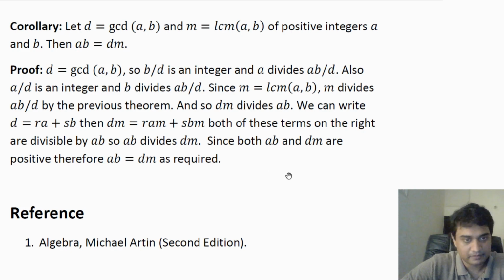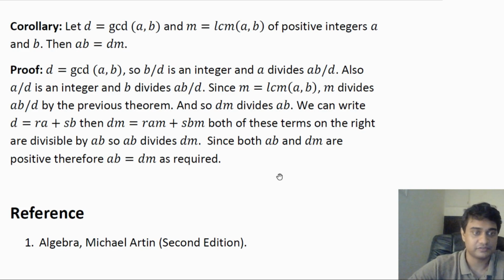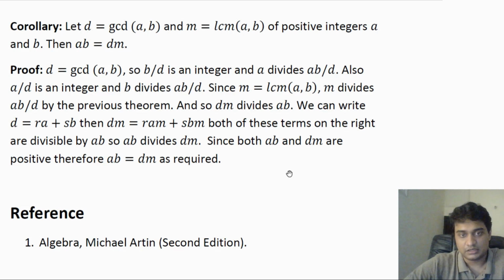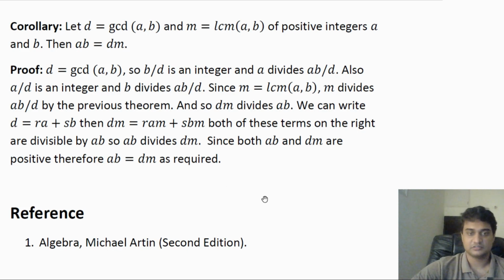One important thing is that they are positive: if one were positive and the other negative, they might not be equal. But since both AB and DM are positive, AB has to be equal to DM. They both divide each other and they both are positive, so they are equal, as required. So this is the theorem.